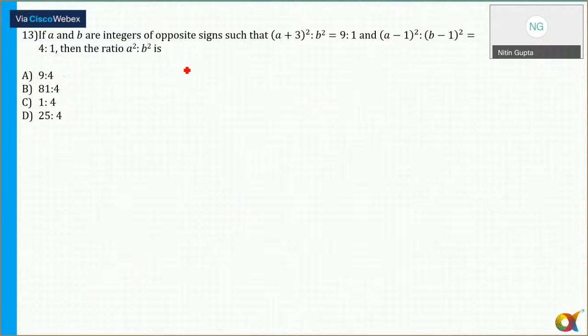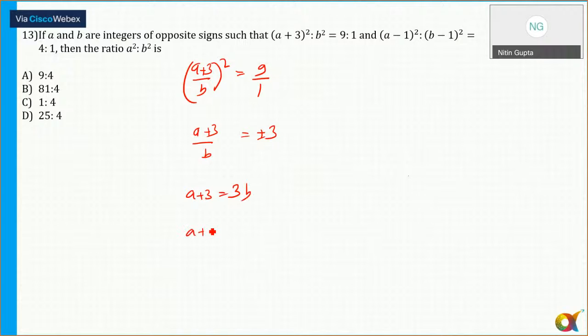Like from here, 9 by 1. So here that is A plus 3 by B, it will come out to be equal to plus minus 3. So A plus 3 can be equal to plus 3B, or A plus 3 is equal to minus 3B.